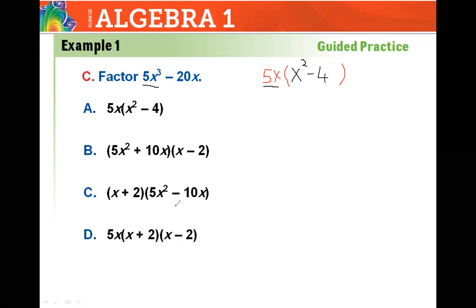What about the bracket? The bracket is a difference of two squares. So we write 5x as it is at the beginning, and then two brackets, one of them positive and the other negative.